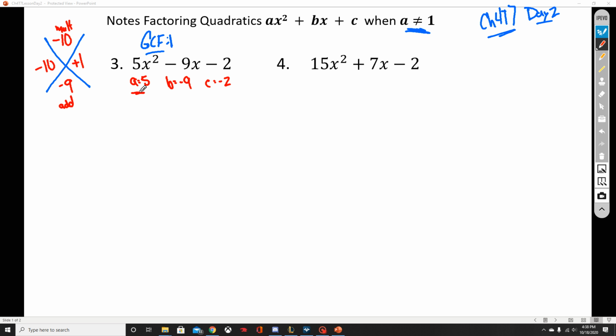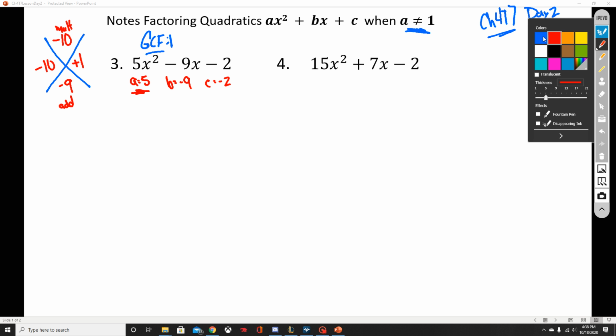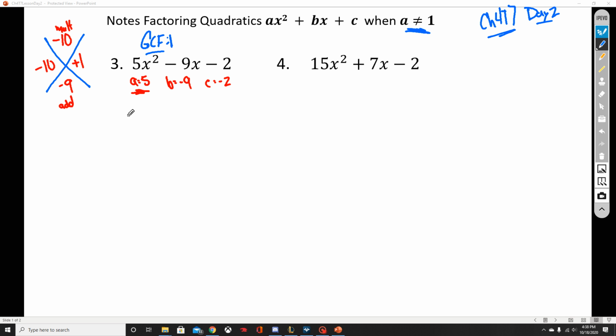Now since a is 5 instead of 1, I have to actually go through and do the grouping, which means that I'm using these to split the middle term into two terms. So this will be 5x squared minus 10x plus x, or 1x, minus 2.